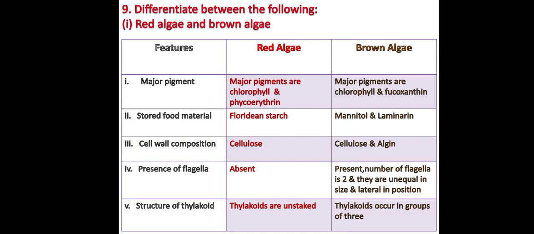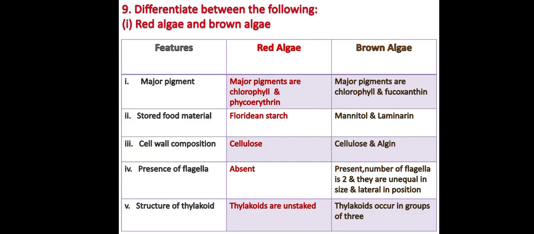Second feature, stored food material: floridean starch for red algae and mannitol and laminarin for brown algae. Third feature, cell wall composition: cellulose for red algae; for brown algae, cellulose and algin.